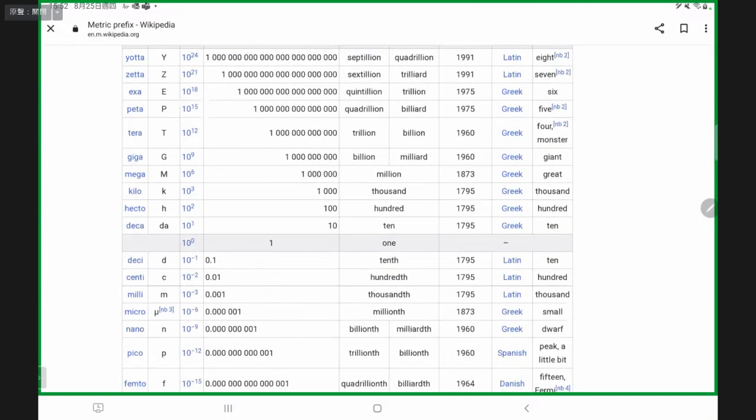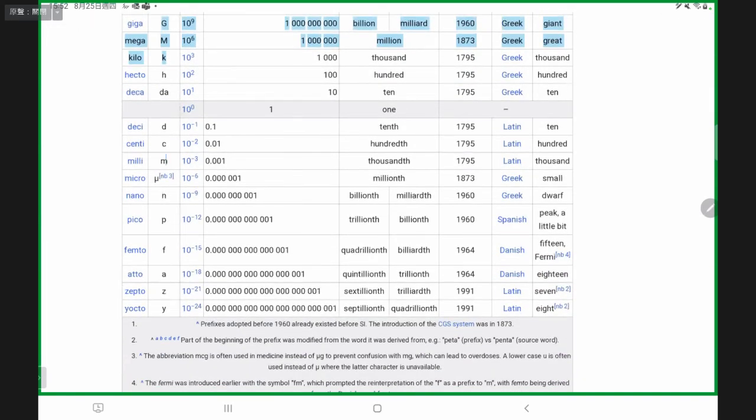Of course you don't need to remember too many. I think up to giga, mega, kilo. H and DA, I don't think you need to remember. Kilo, mega, giga, I think when you use a computer, you already know them very well.